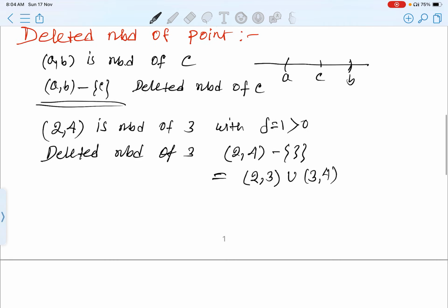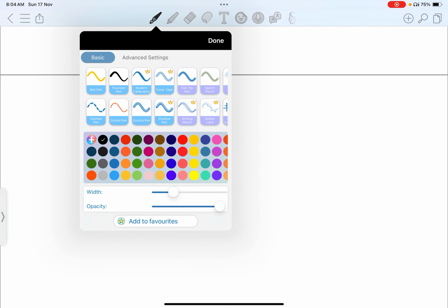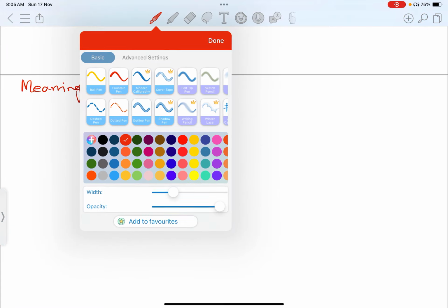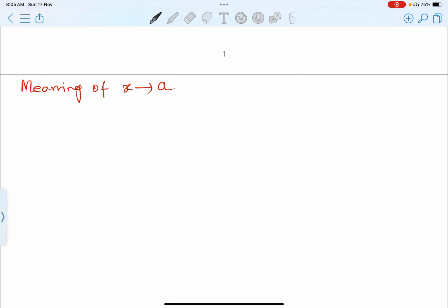Okay, now the next definition: what is the meaning of x tending to a? Try to understand. First observe, if I draw a line, a is here.